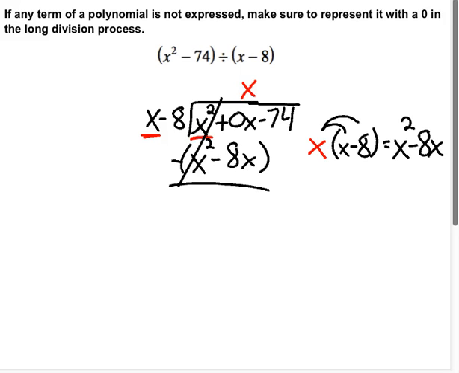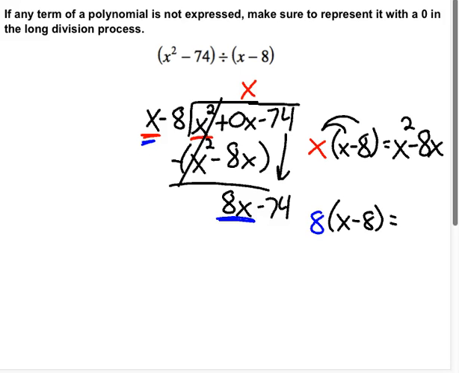Again, subtracting a negative. 0 plus 8 gives me 8x and minus 74. What does it take to get x to cancel 8x? Well, that's just going to be an 8 that I need. Distribute that, you get 8x minus 64.